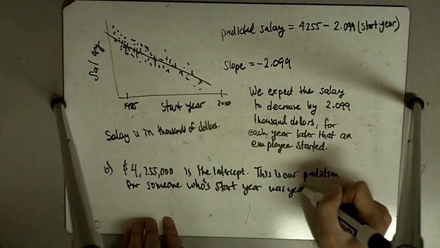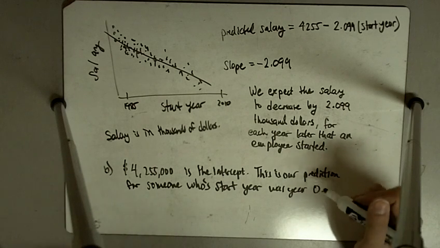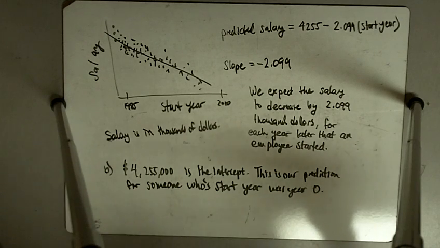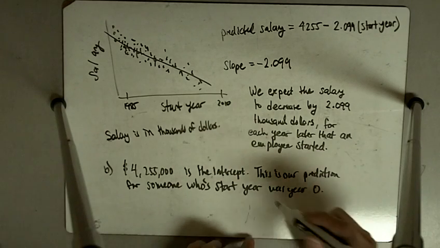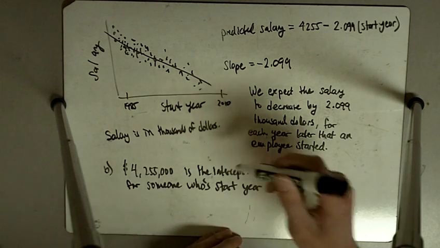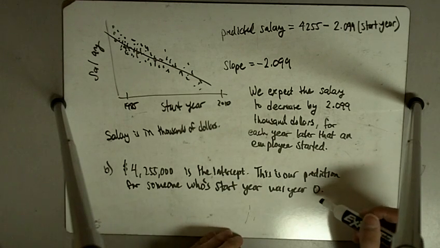So if someone started working at year 0, over 2,000 years ago, this is what we would predict their salary to be.